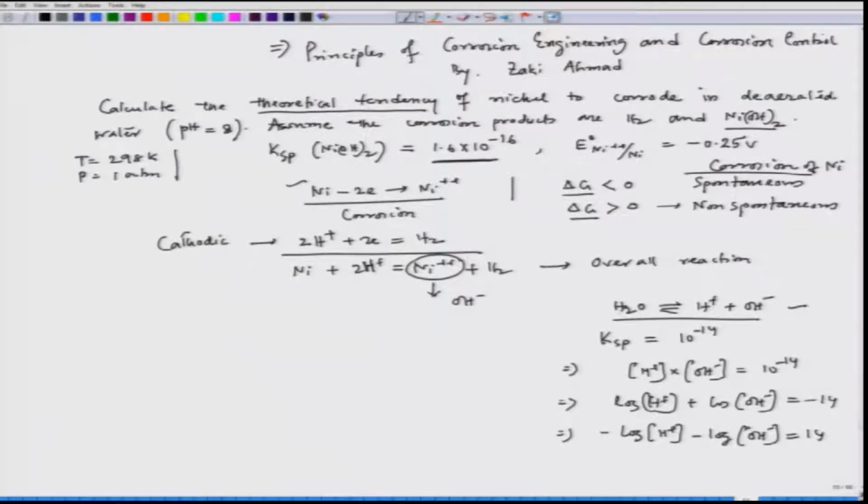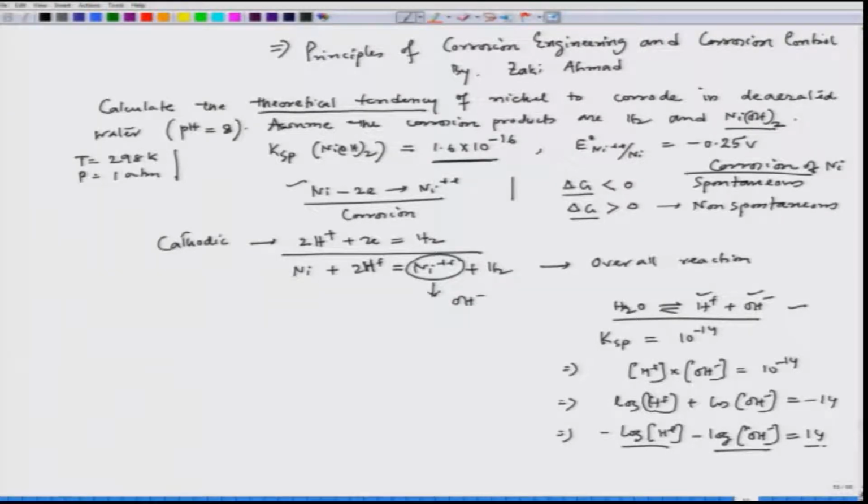Since we have one H+ and one OH minus, we can assume that they have equal contribution to this 14.